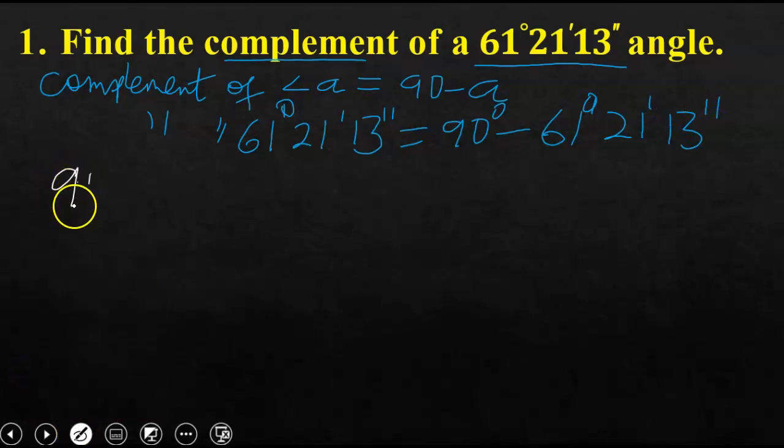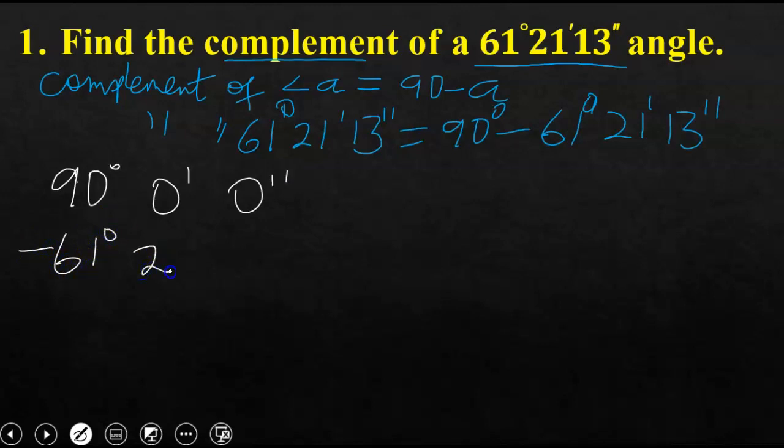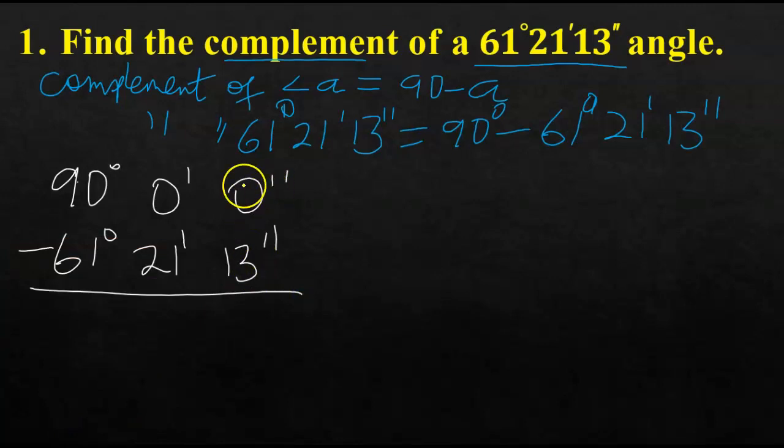So we have 90 degrees, 0 minutes, 0 seconds, minus 61 degrees, 21 minutes and 13 seconds. If we try to subtract them, you see we do not have something to subtract 13 from. So we have to borrow. We borrow 1 degree, so this will be 89, and move it over to minutes. It becomes 60 minutes.